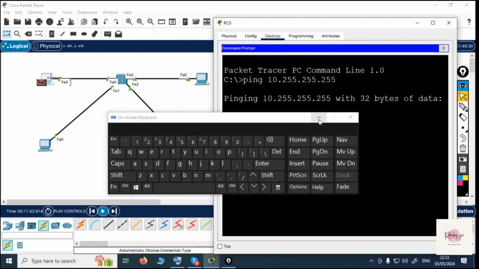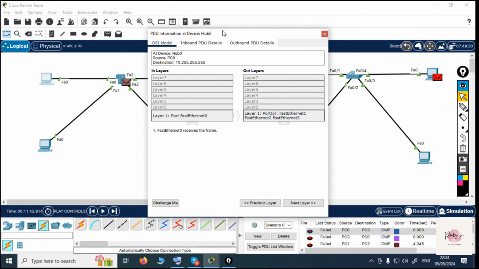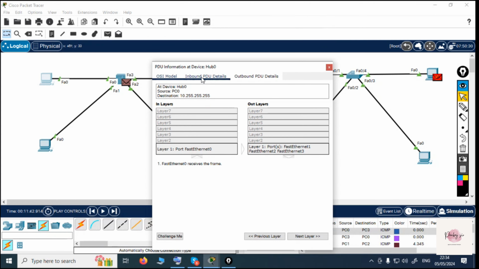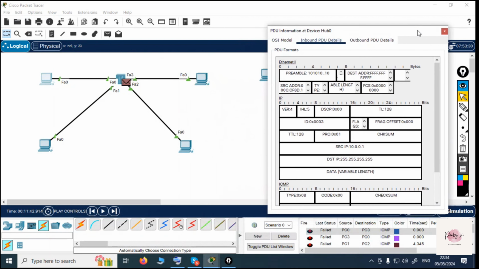Enter. Now see. There was no ARP request.